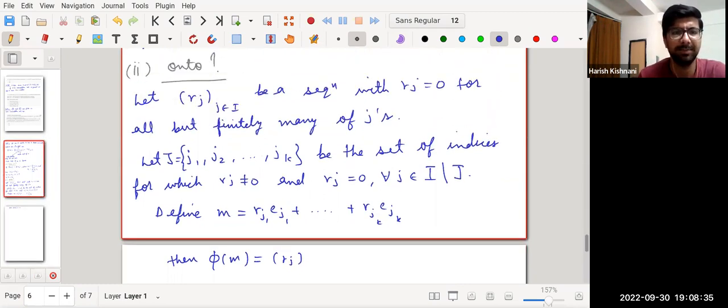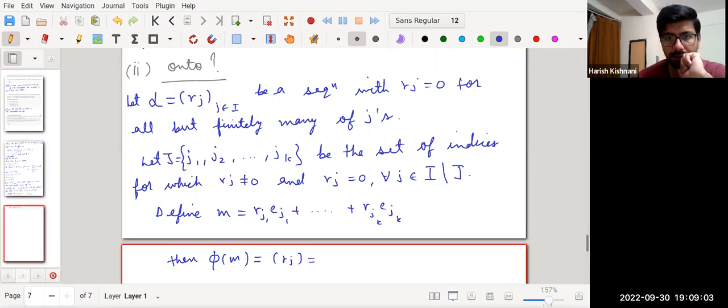So let's give some name to the sequence, let it be just some sequence alpha. So it is alpha again.